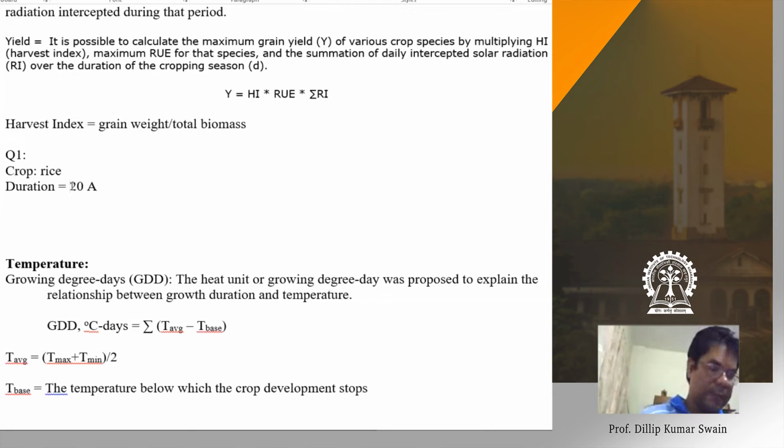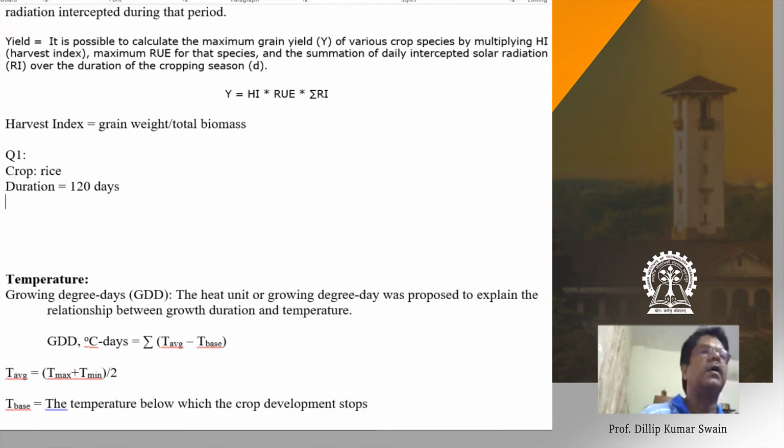And leaf area index, average LAI equal to 2.0. Then you have the K value, the extinction coefficient, that is equal to 0.65.